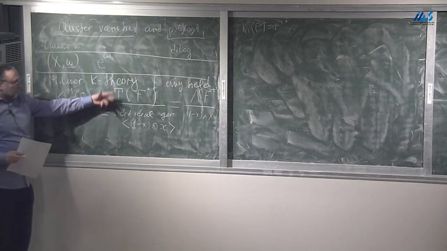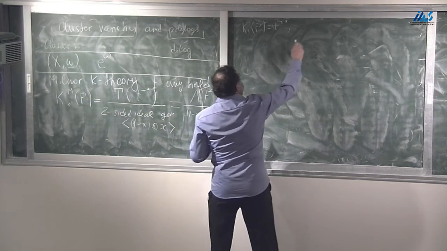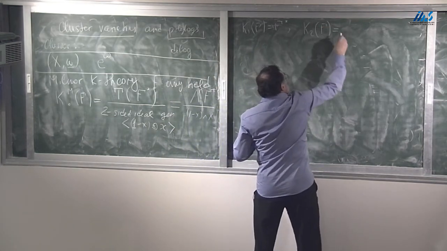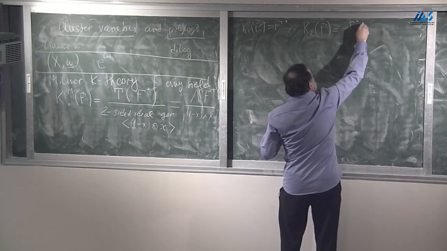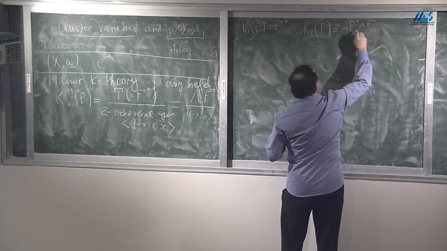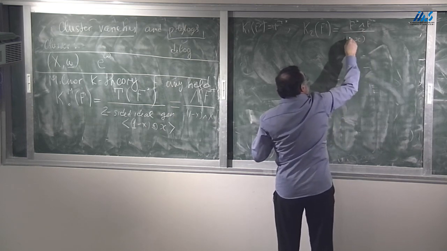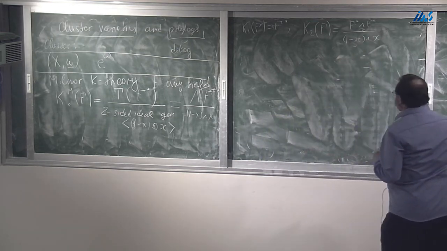So this relation implies the skew symmetry condition. If you want to consider the group K2 of F, this is just F star wedge F star, wedge over integers, divided by the subgroup generated by these strange elements.